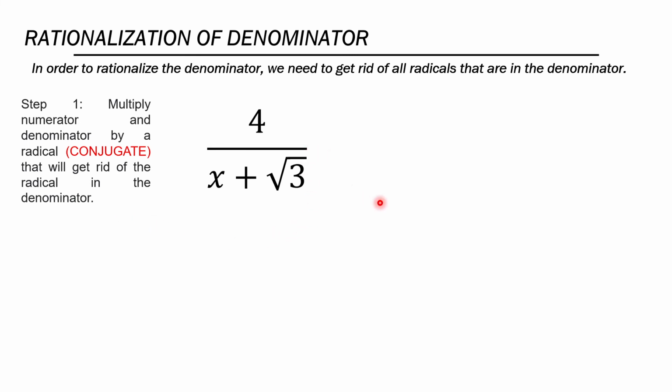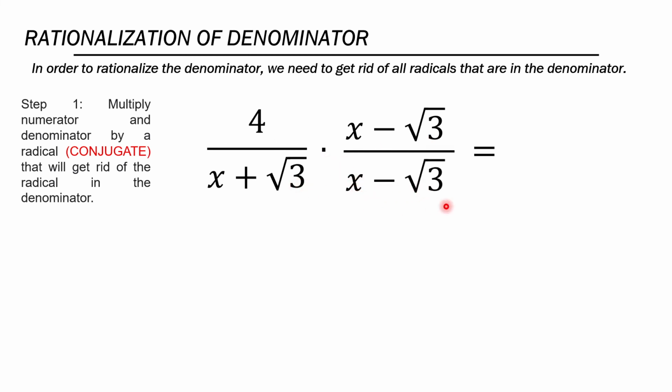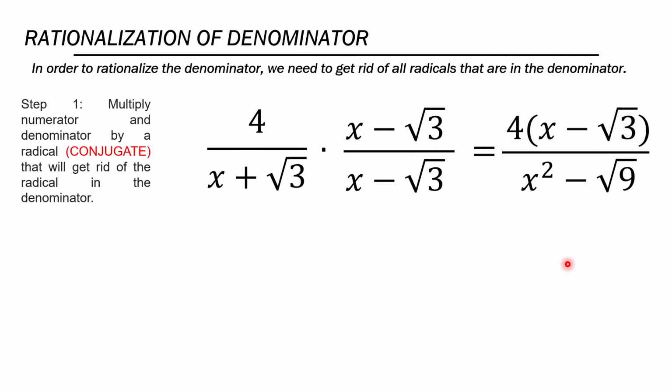So meaning, we multiply it by conjugate x minus 3, right? Over x minus 3. So that is equal to, so multiply, alam natin x squared, di ba? We just simply get the square minus get the square, then multiply. So we have 4 times x minus 3.